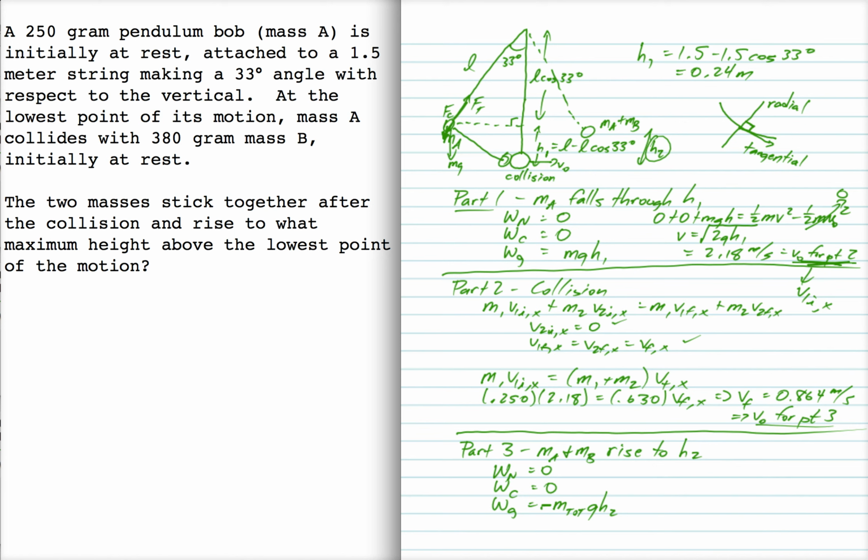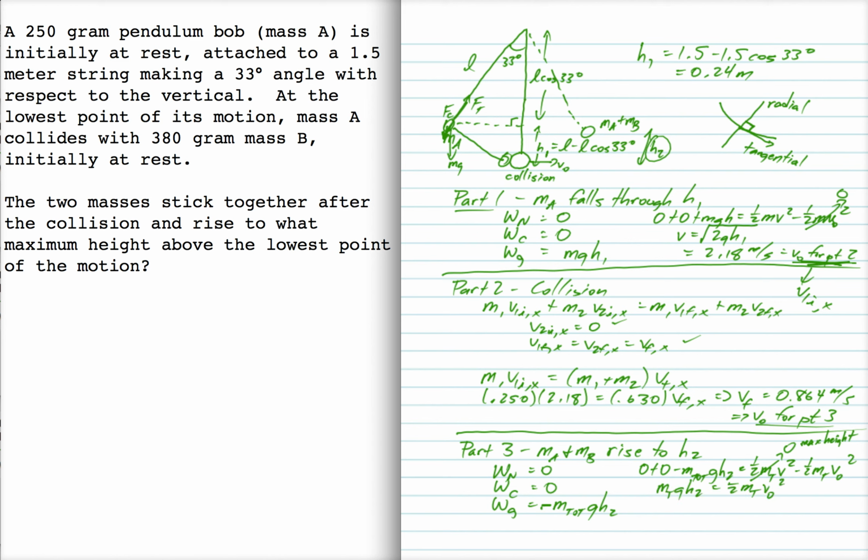So the work energy theorem tells me that I add up the works done by all the forces, and I set it equal to the change in kinetic energy. And of course, the final kinetic energy is 0 at maximum height. So I'm left with just m total g h2 is 1/2 m total v naught squared.